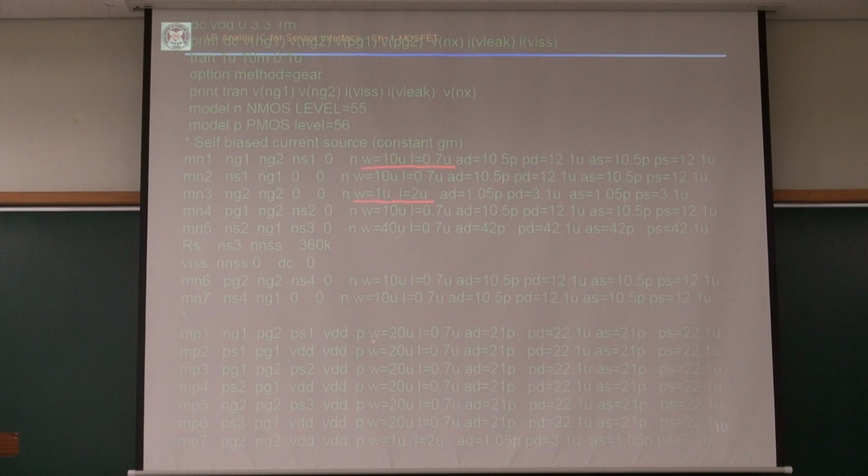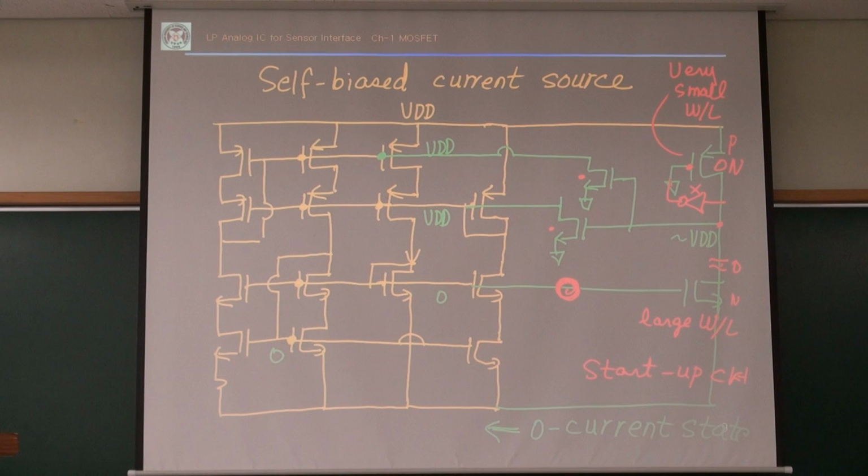For PMOS, all 10 by 7, 20 by 7, and 1 by 2, okay? So in the previous circuit, this one is all 10 by 0.7, this is 1 by 2, this is 20 by 0.7, this is 1 by 2, and what else?